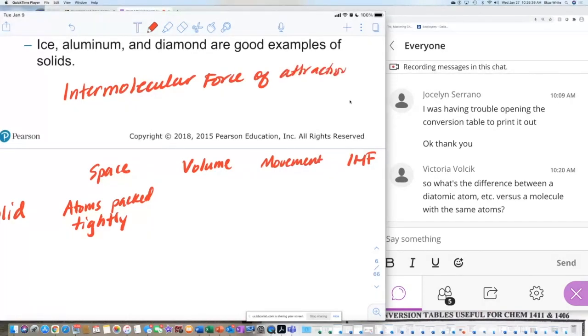Oh, sorry, I was supposed to see your question. What's the difference between a diatomic atom versus a molecule with the same atoms? Oh, sorry, Victoria, I'm just now seeing your question. When you're saying a molecule with the same atom, can you give me an example?